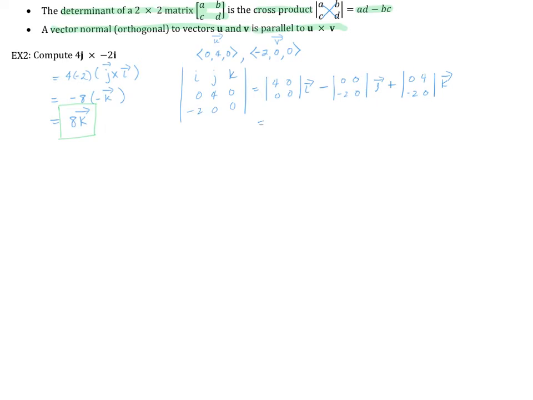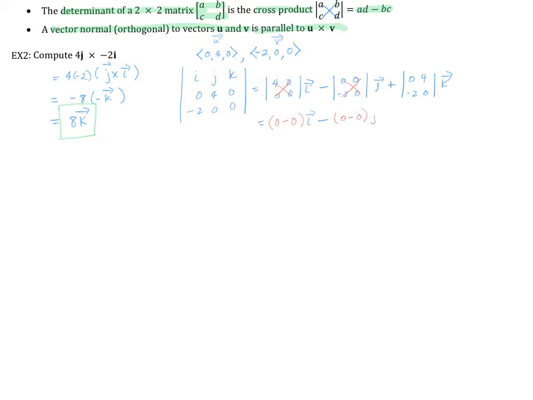When I do my cross product, I'm going to multiply. 4 times 0 is 0. So this becomes 0 minus 0 times 0 is 0. And that would be my i. Minus, when I multiply, I get 0 times 0 is 0, minus negative 2 times 0 is 0.